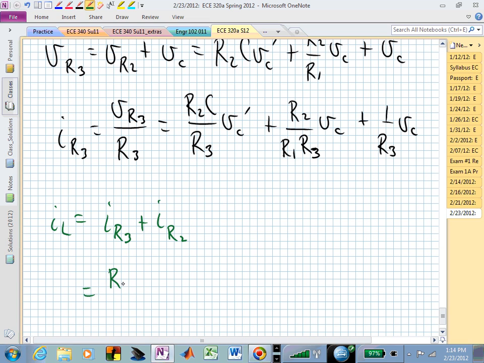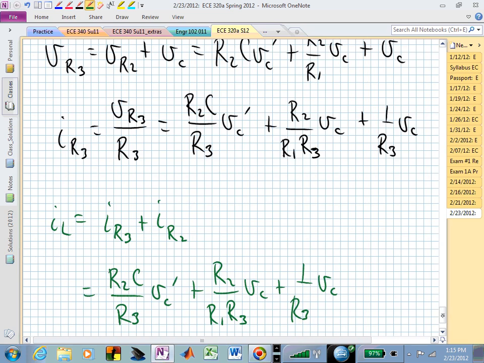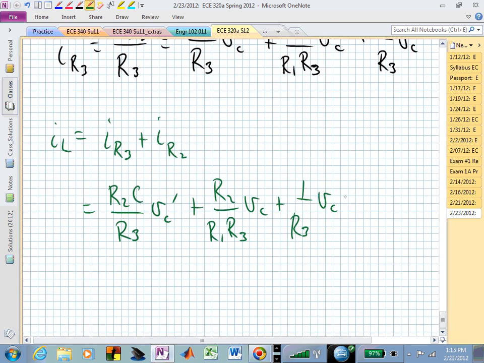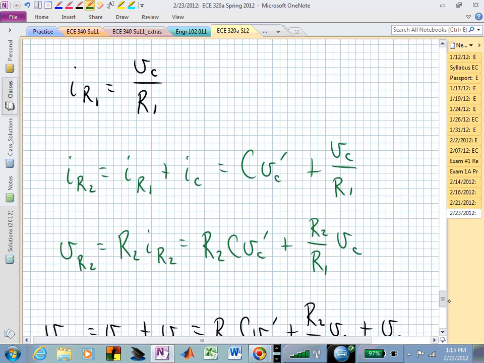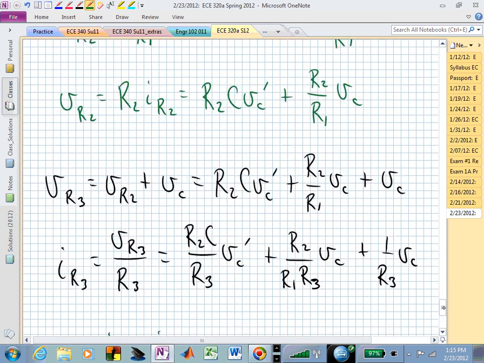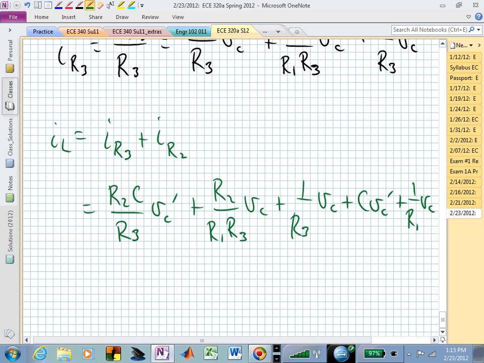Or that's now this R2 C over R3 V sub C prime plus R2 over R1 R3 V sub C plus 1 over R sub 3 V sub C, plus I sub R sub 2, which is this C V sub C prime plus one over R sub 1 V sub C. And now I have quite a few derivative terms and some undifferentiated capacitor voltage terms V sub C. But that's now I sub L.